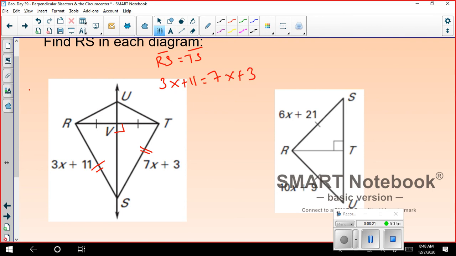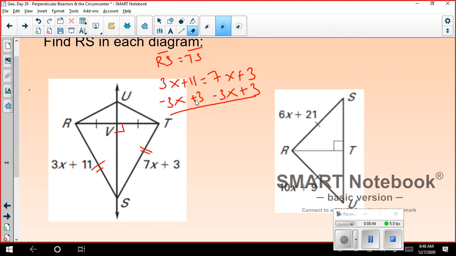Let me subtract 3x, and subtract 3 on both sides. 3x will get crossed out. 11 minus 3 is 8. 7x minus 3x is 4x.